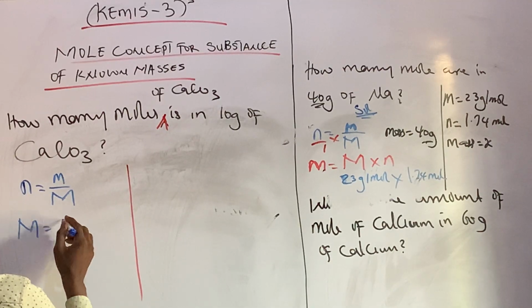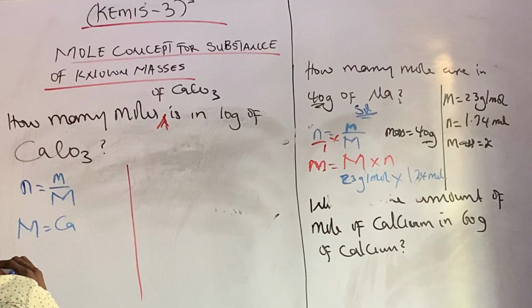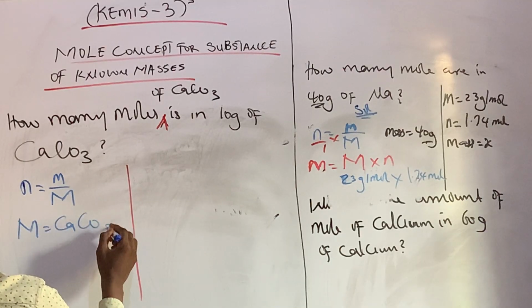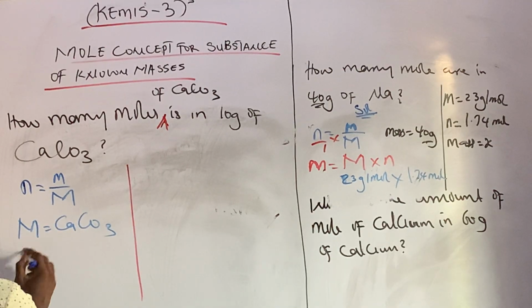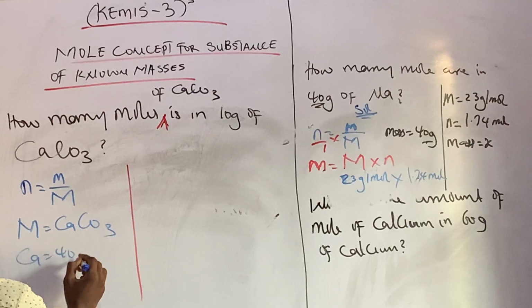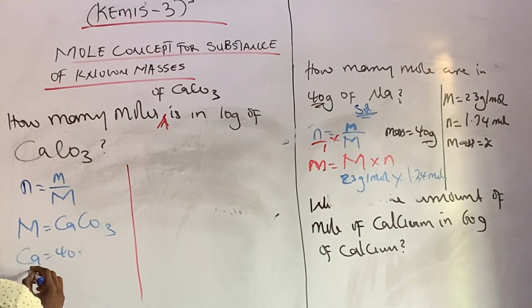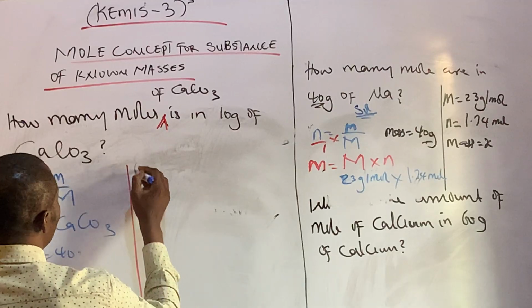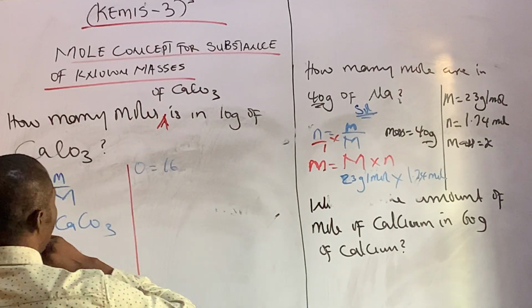We know that we have calcium trioxocarbonate IV. Calcium is 40 gram. Now, carbon is 12 gram per mole. Now, oxygen is 16 gram per mole.